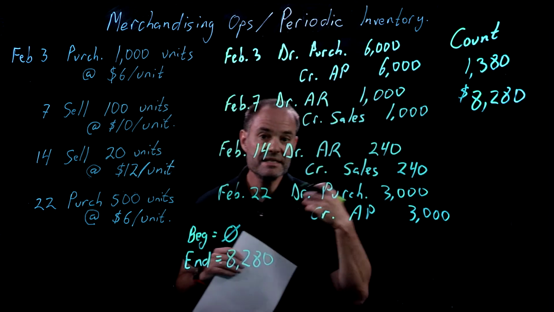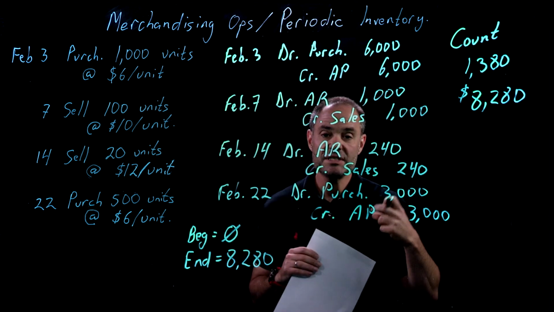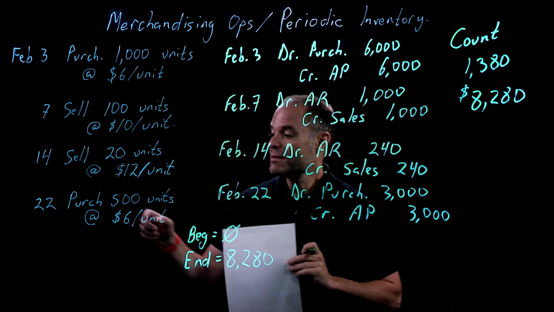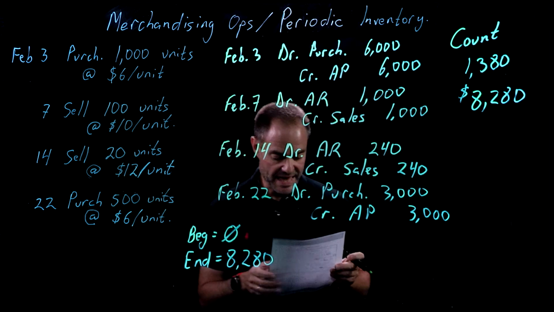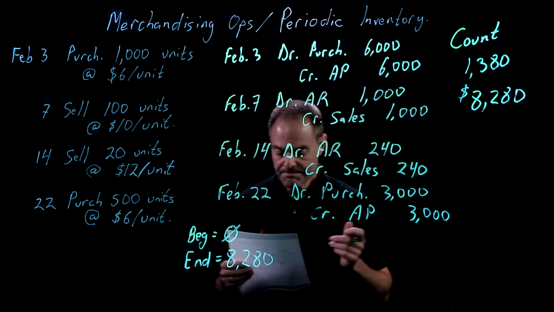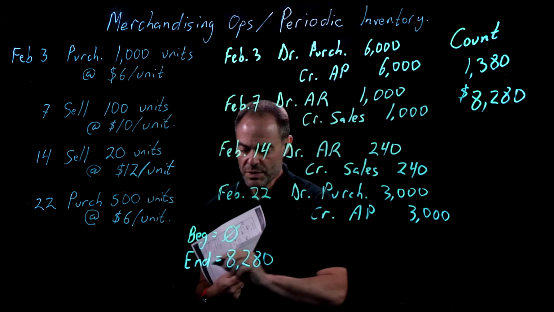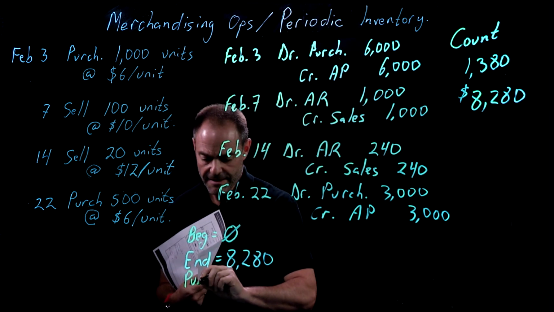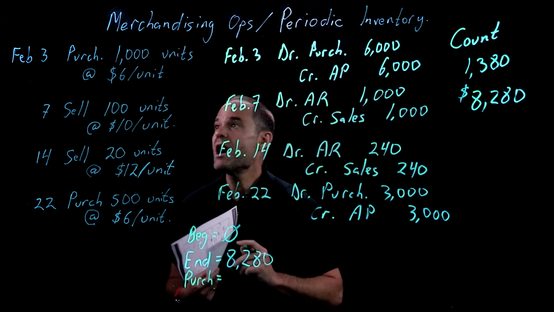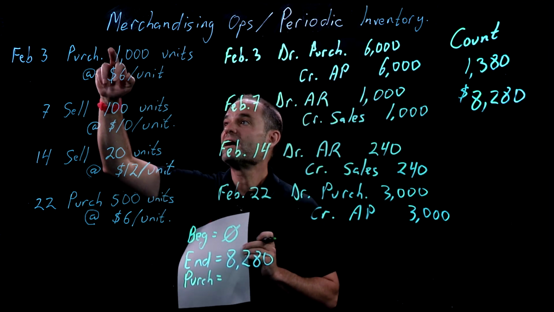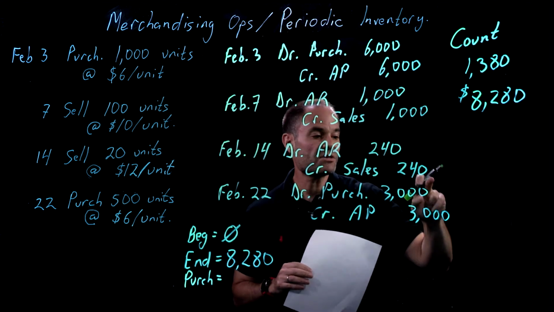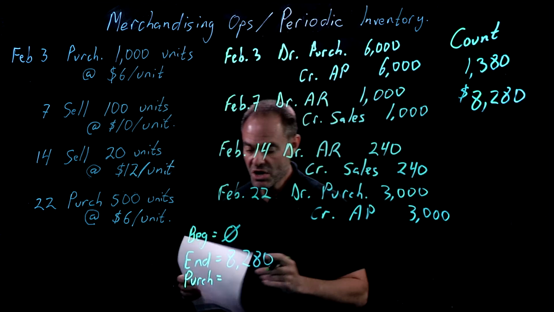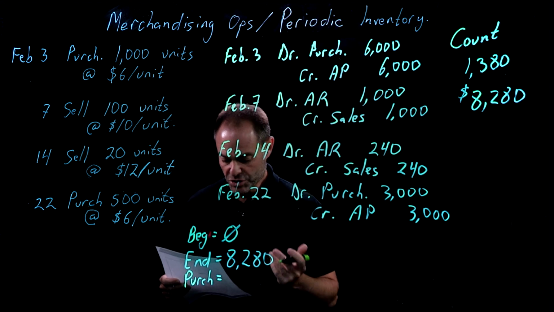And again, they determined that by counting the number of units on hand at the end of the period and multiplying by the price they paid, $6 a unit. And then they also know that purchases amounted to 1,500 units, or in dollar terms, 6,000 and 3,000. So there was $9,000 of purchases during the period.